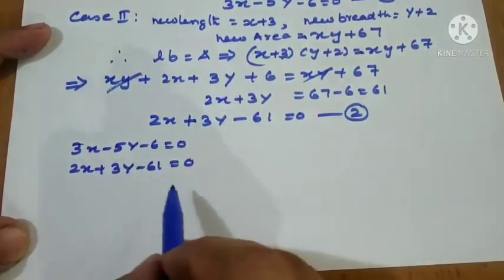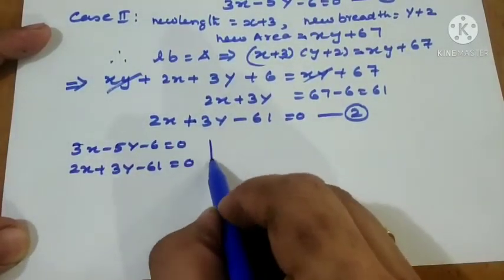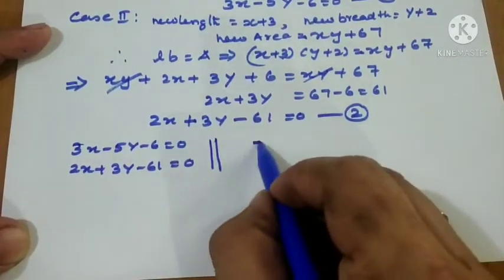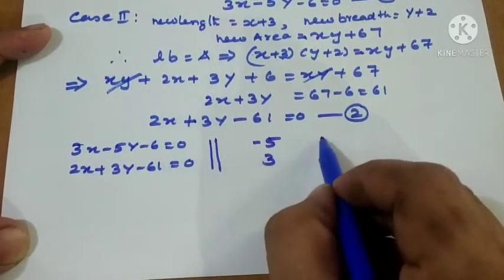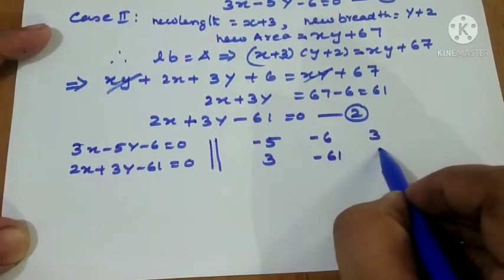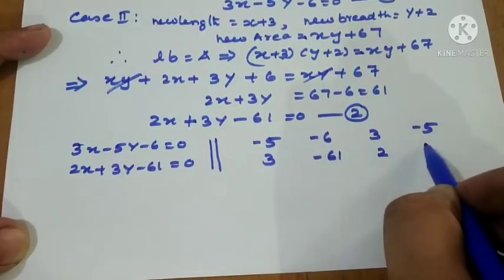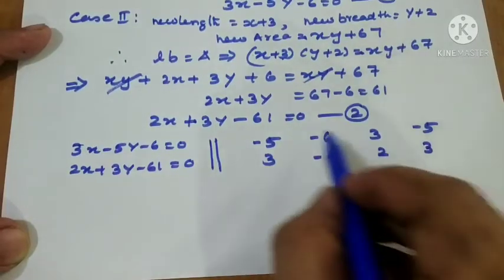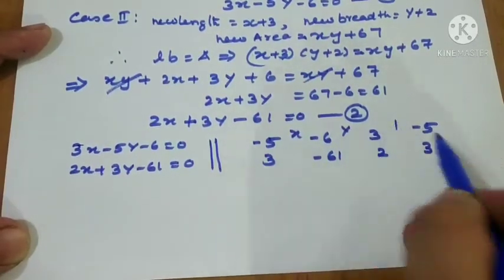So y coefficients will start here. Minus 5 plus 3, minus 6 minus 61, 3 and 2, minus 5 and plus 3. So x here, y and 1.